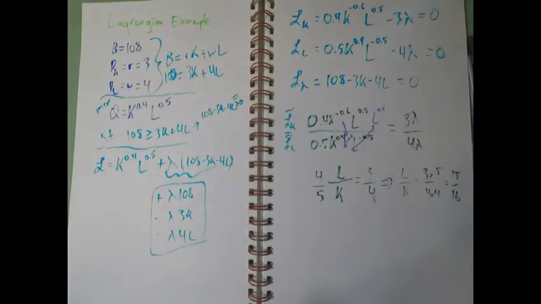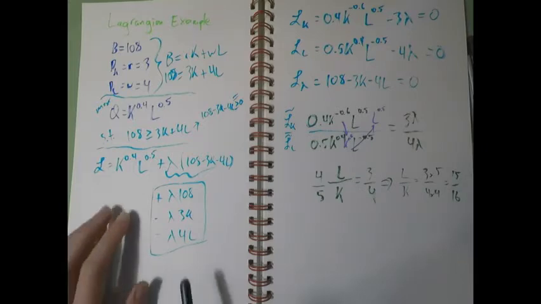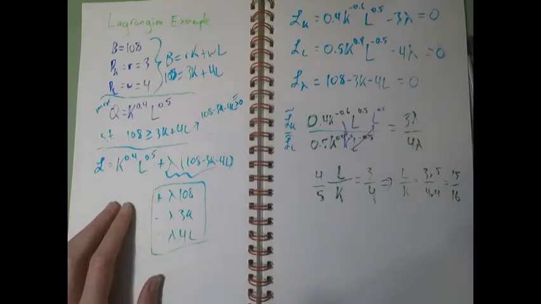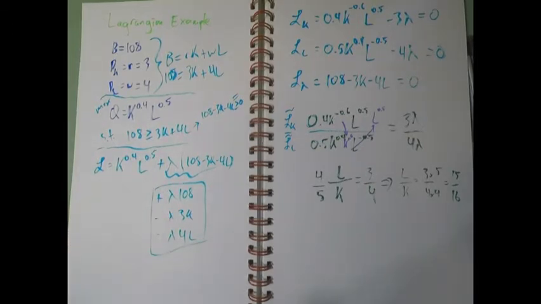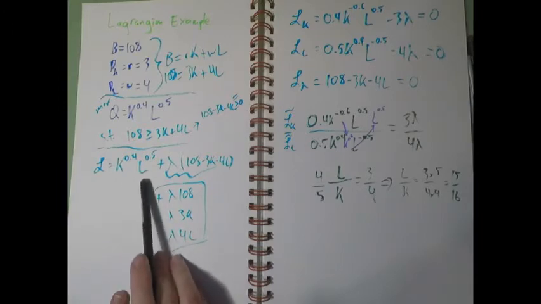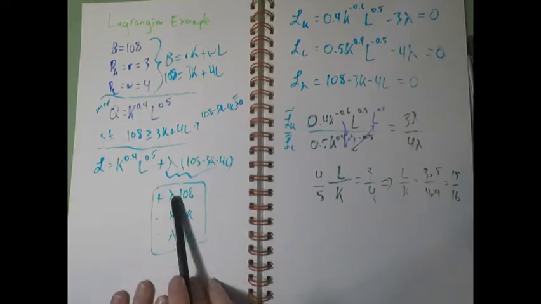Now, I should take a step back and say we're kind of glossing over questioning the second order conditions. Right, so when we saw three-dimensional optimization, we wanted to make sure that we were in fact looking at a maximum. In this case, the setup of the problem, I've chosen this problem so that we don't have to worry about that. For a Cobb-Douglas, this works.